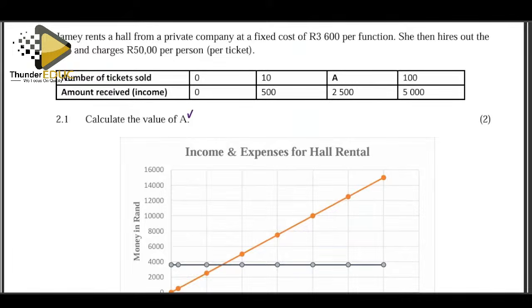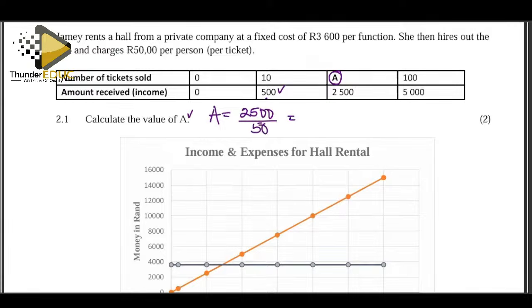We've seen value of A as the number of tickets. Now ask yourself, for 10 they got 500. That means they took 10 times 500. So for the value of A, we shall say 2,500 divided by 50.